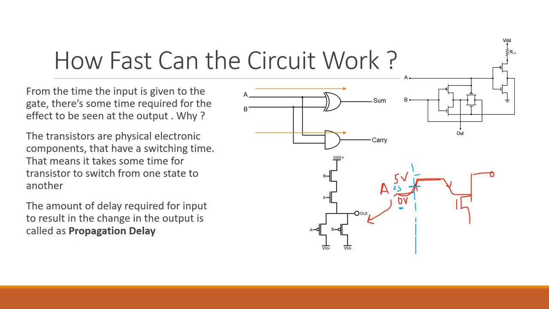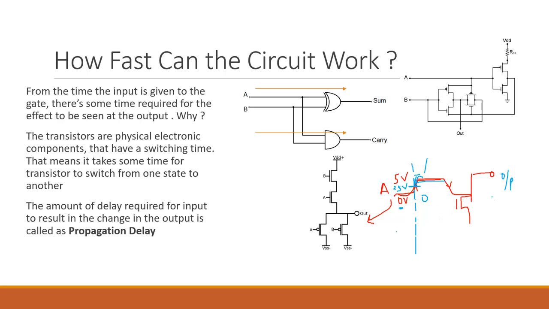The transistor knows that a voltage above 2.5 volts is considered logic 1, and below that it is logic 0. So now let's say the voltage has crossed this. Now it knows that the input has changed from 0 to 1, so it will start to act on this new input. For that new input to show up at the output over here, it will take some time.